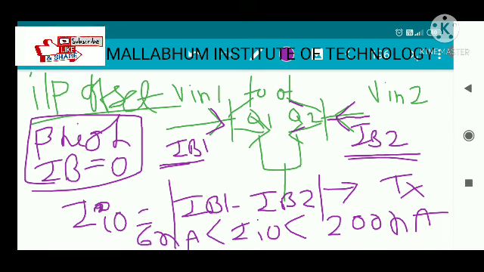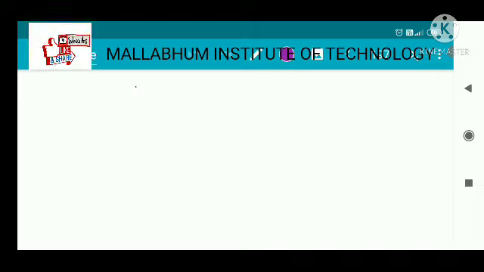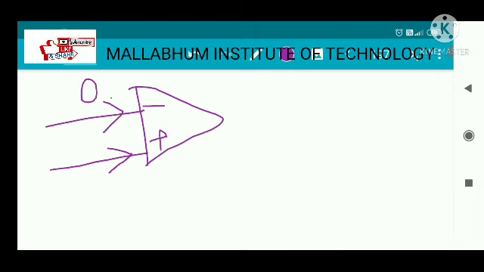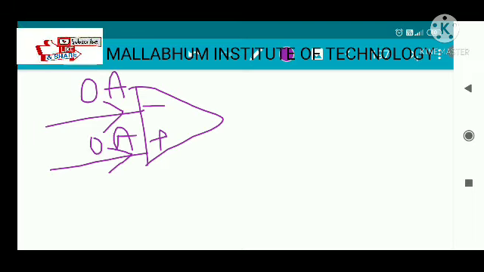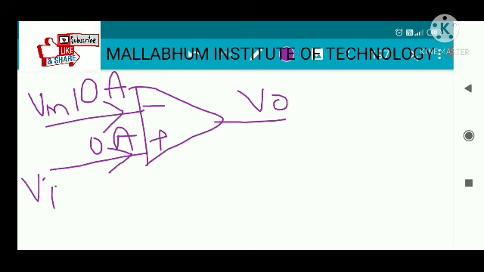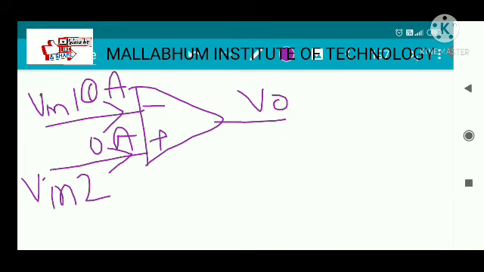I'm just again repeating what the input offset current is. Theoretically, if this is your operational amplifier, I have said that the current drawn at both these terminals is 0 ampere. This is your V in 1, this is your V in 2, but inside the op-amp this is the actual case. So this is IB1 and IB2 corresponding to this 0 ampere.